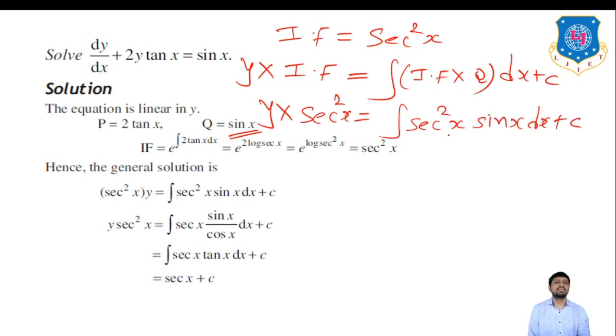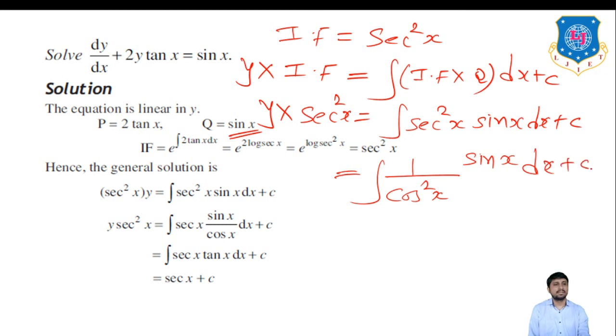Now I have to find this integration. We know sec square x is 1 upon cos square x, so the integral of 1 upon cos square x into sin x dx plus c.